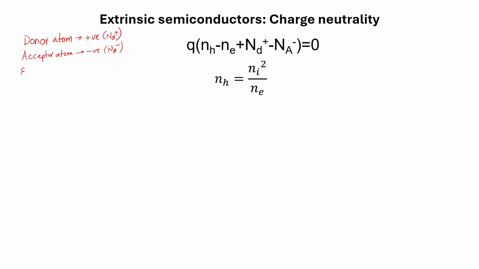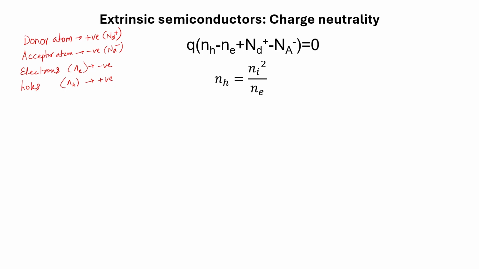In addition we have electrons which are Ne, and these are negatively charged particles, and we have holes which are Nh, and these are positively charged particles. For a solid to be at thermal equilibrium, solid must be charge neutral. No matter what you have created, what you have added, solid must always be charge neutral.